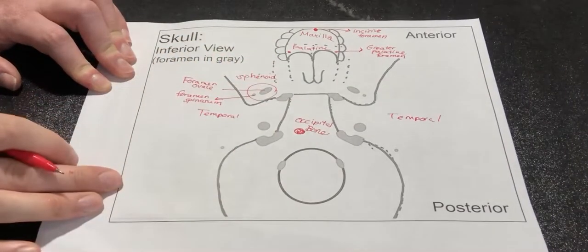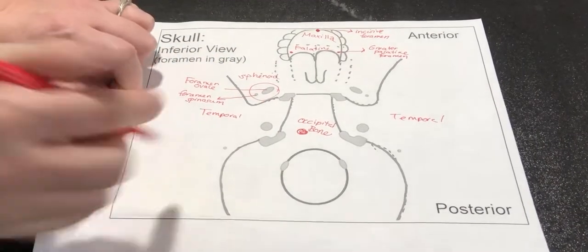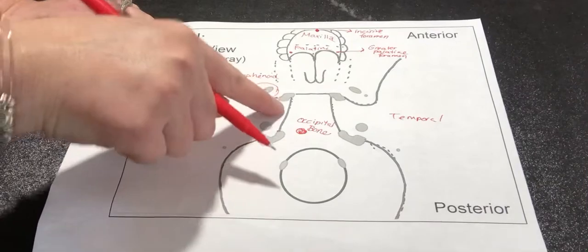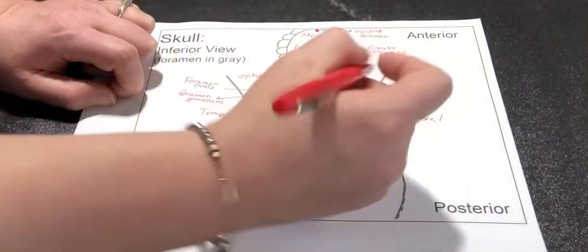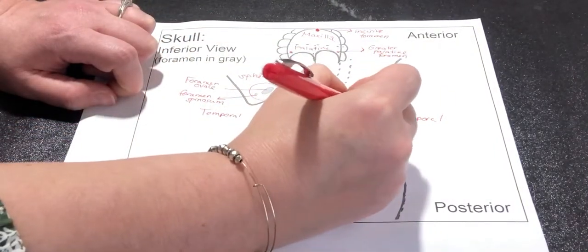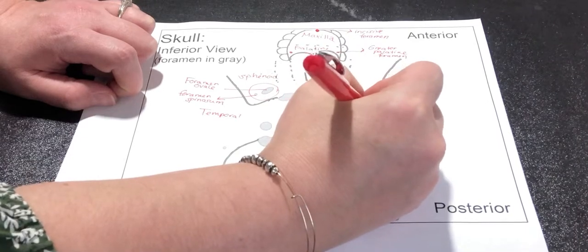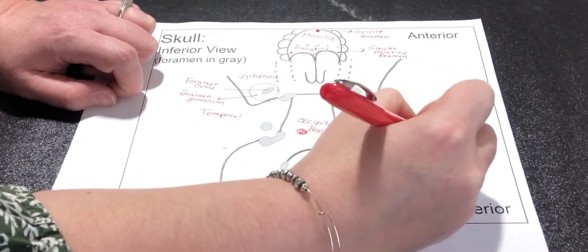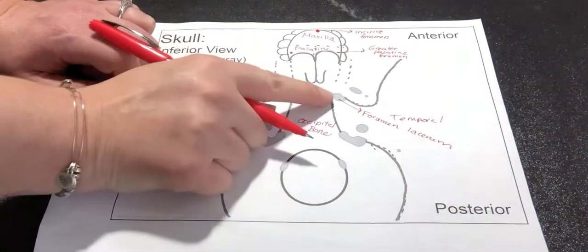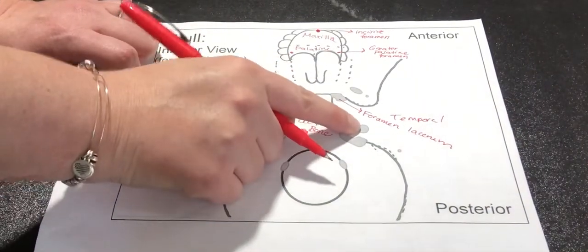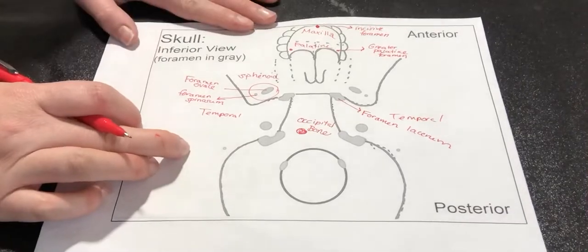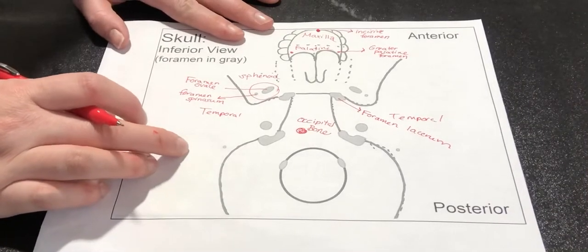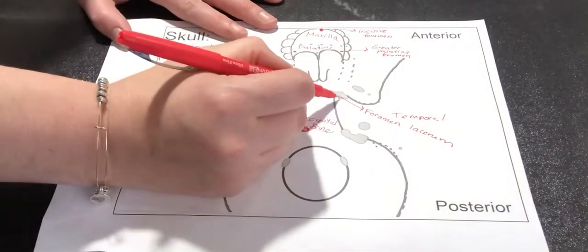Just like we saw on the internal view, we see that junctional hole connecting temporal to sphenoid to occipital. So we have, again, our foramen lacerum on the left and right. However, the next hole that we see as we work our way posterior changes position completely.